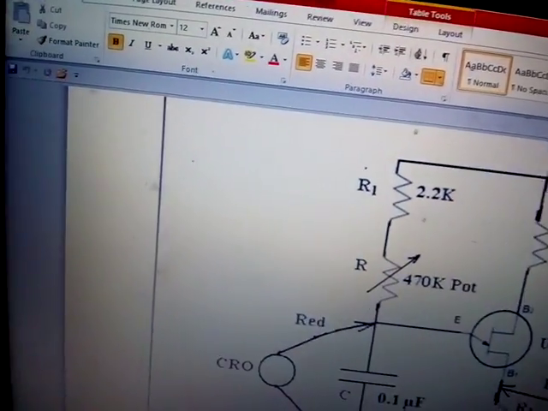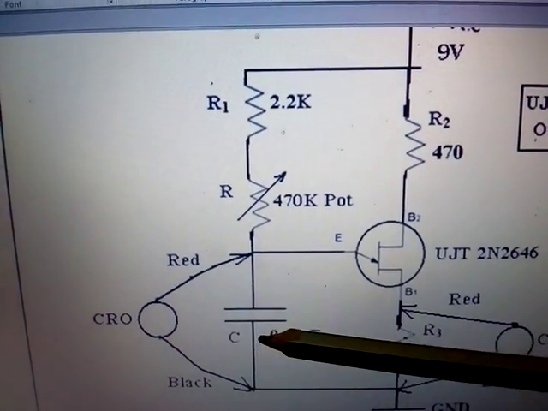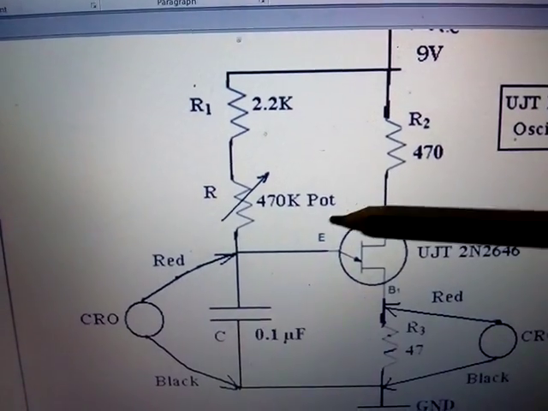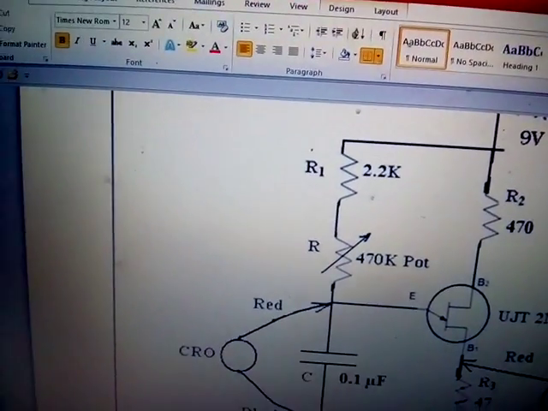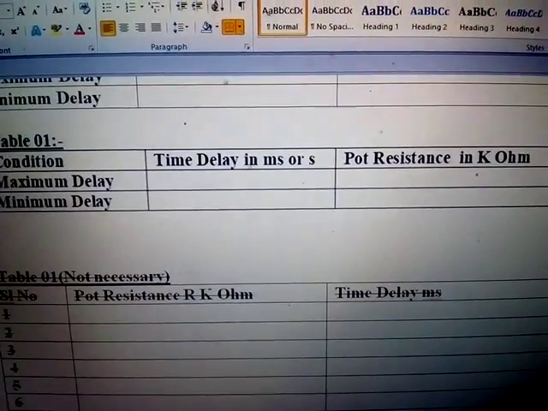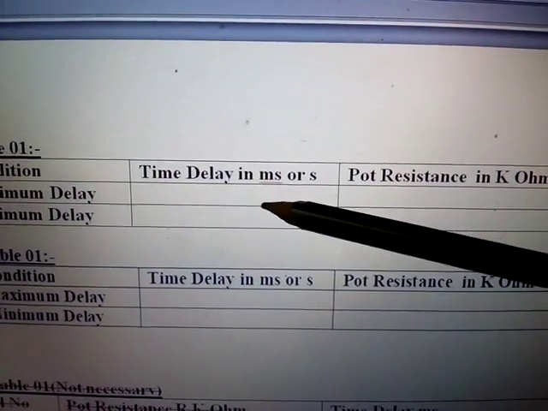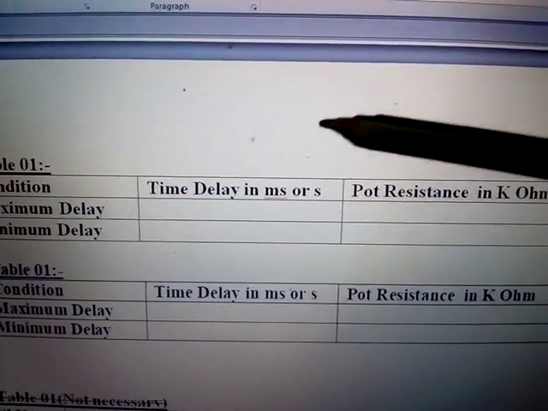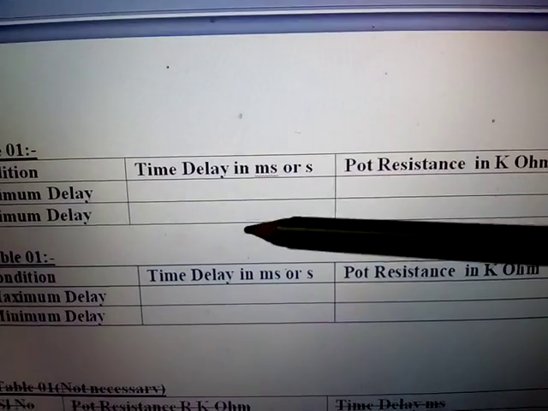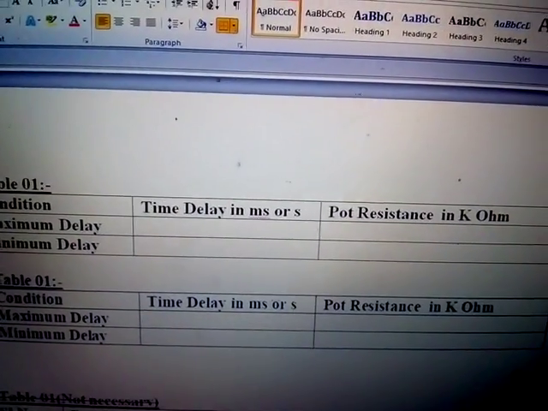Because the capacitor value is higher there, say 47 microfarad or 100 microfarad, it will charge very slowly. So you will not get millisecond or microsecond delay, it will be in seconds. That is why I have written milliseconds or seconds. But anyhow, you are going to use a different capacitor, so write millisecond or microsecond.